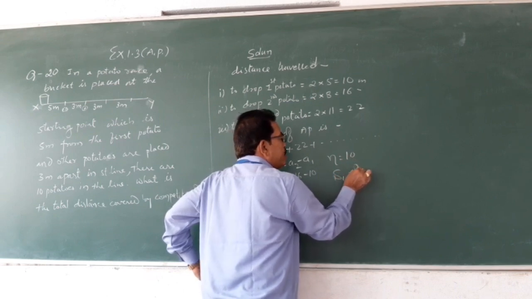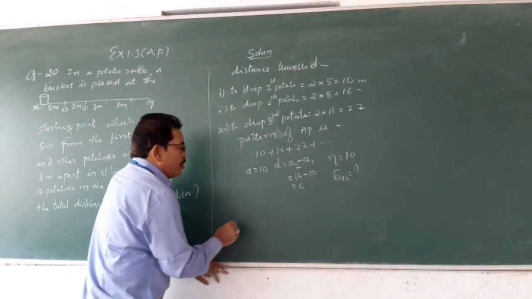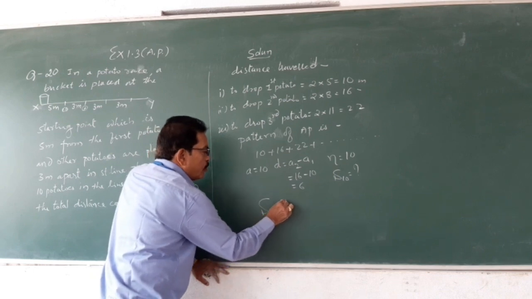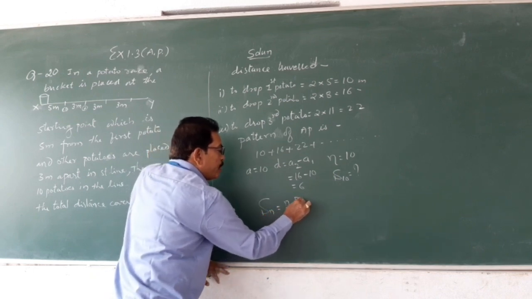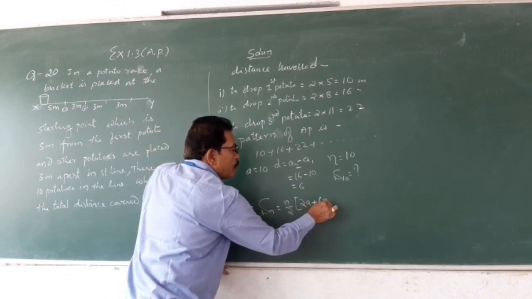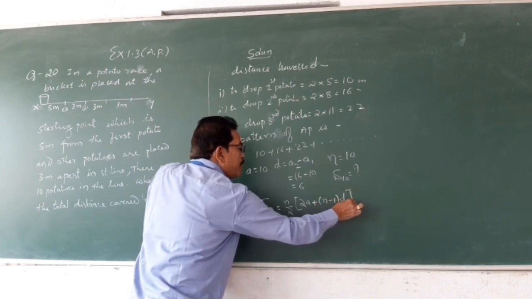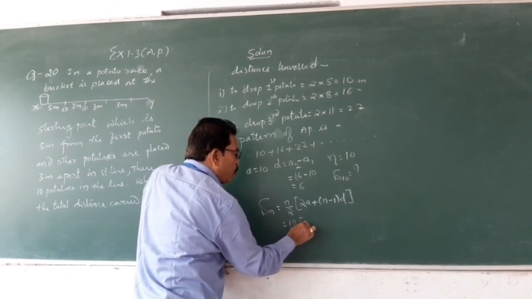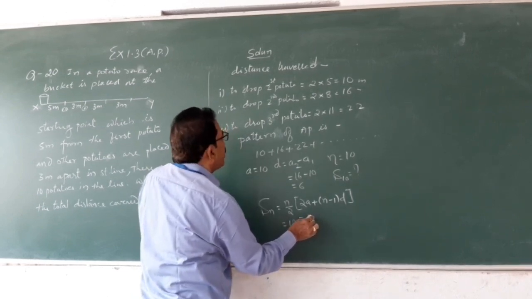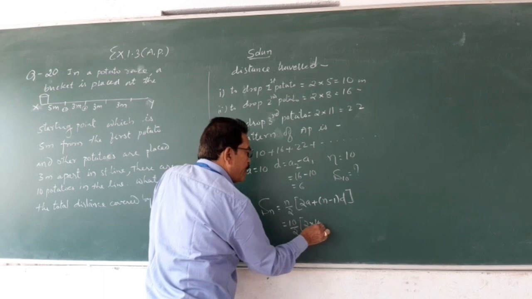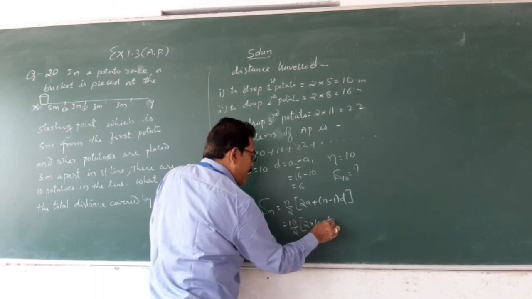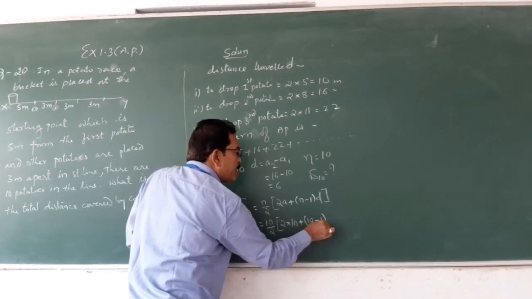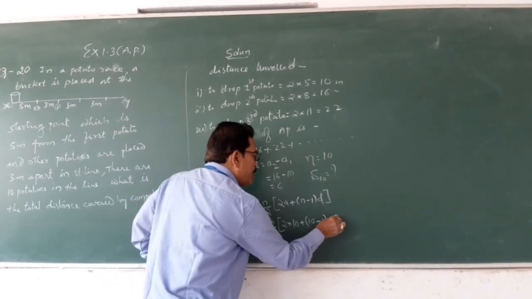Let us find S10. S_n equals n by 2 in the big bracket, 2a plus (n minus 1) into d. 10 by 2, 2 into a, that is 20, plus (10 minus 1) into d, 6.